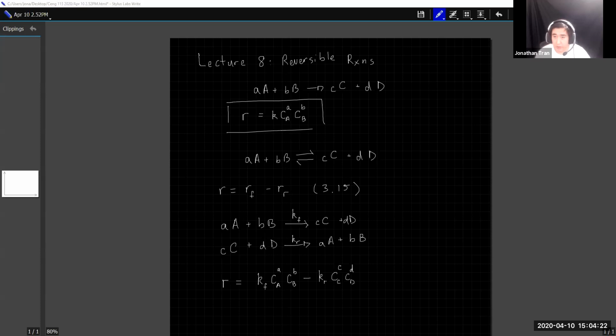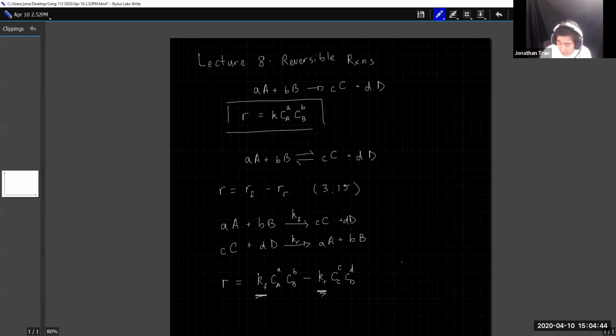So in this case, we have a forward and reverse portion that define the overall rate law for the reversible reaction.